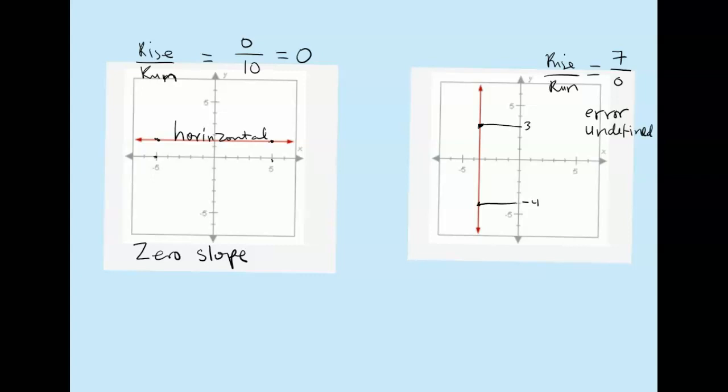So here we can conclude that anytime we have a vertical line, the slope is undefined.